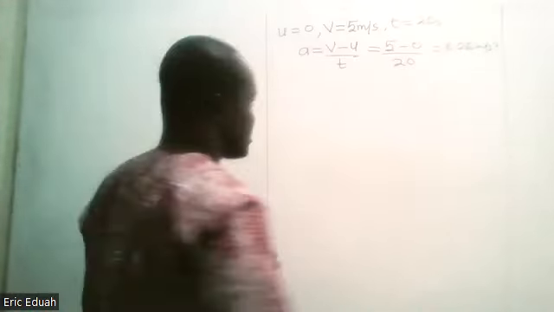Then it decelerates uniformly to rest. So let's join the points. Once we have straight lines, this is a uniform acceleration. This is zero acceleration. This is a uniform deceleration. So that's the velocity time graph.